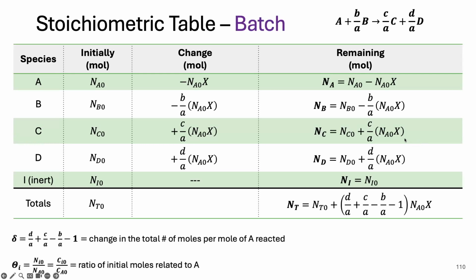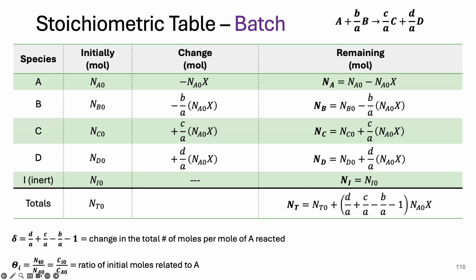Now we can introduce a couple of parameters to help simplify this a little bit further. Delta can be the sum of each of our stoichiometric ratios. And this relates to the change in the total number of moles per mole of A reacted. And then we can also introduce theta. We can have a theta defined per each species. There's theta sub i.